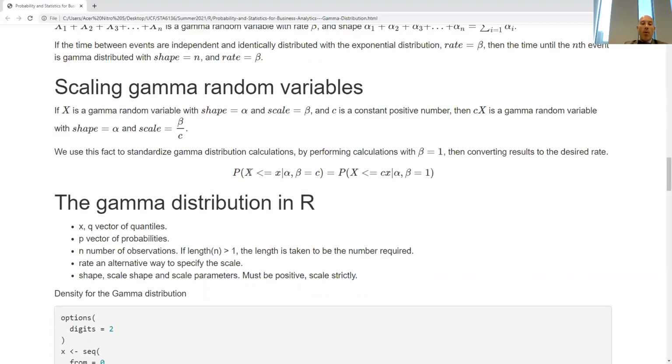Well, I know that the probability that X is less than or equal to a value, given alpha and let's say beta is equal to C, will be equal to the probability that X is less than or equal to C times that value, where alpha is the same alpha value and beta is equal to 1.